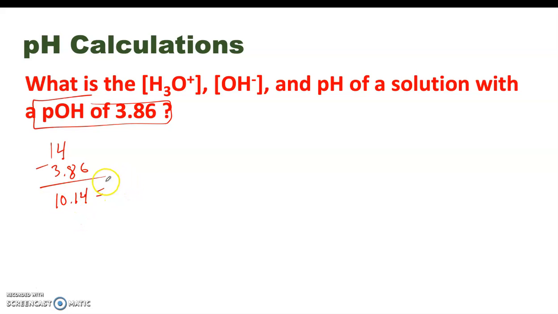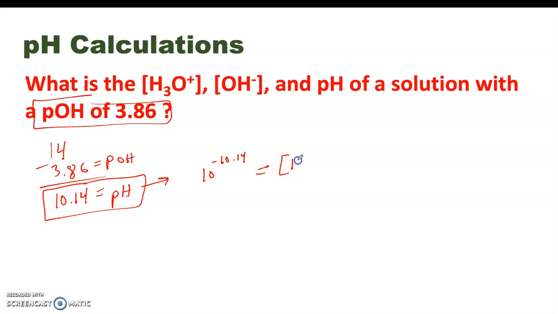That is equal to my pH, because this was my pOH. There we go. So I got one answer. 10.14 is my pH. Now I'm going to take 10 to the minus 10.14. That is going to get me my H3O plus concentration.